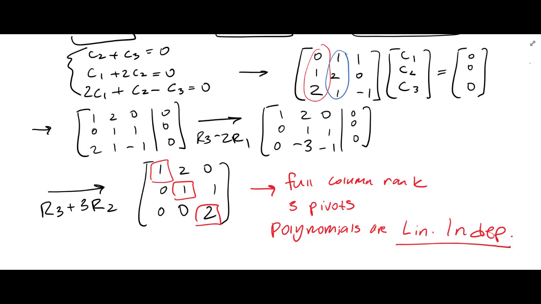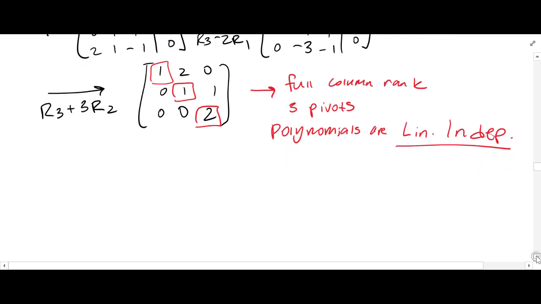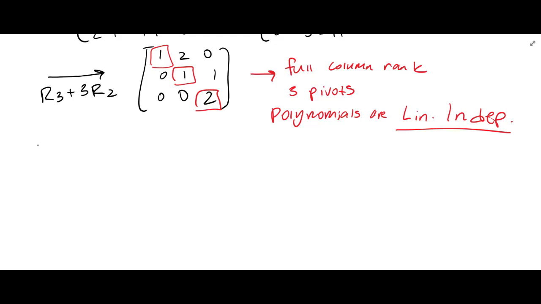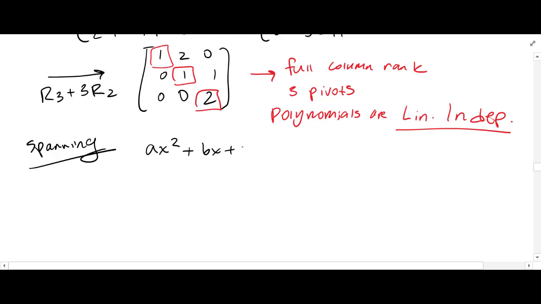Next, to check span, we need to check if every degree 2 or lower polynomial can be written as a linear combination of these other polynomials. An arbitrary degree 2 or lower polynomial looks like ax squared plus bx plus c. Let me write that over here. And I want to write that as some combination, using coefficients like d, e, f, of those polynomials we wrote down earlier.